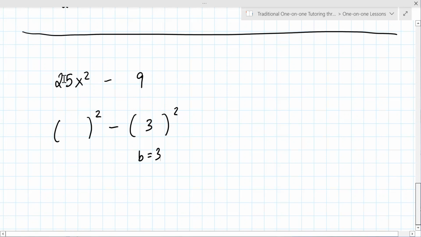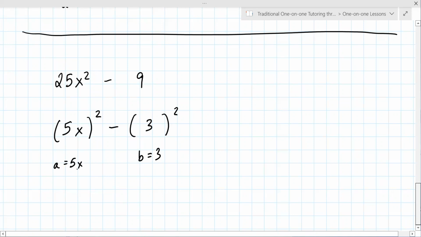Now on the left here, you have 25x squared. So it's now both a number and a letter. What number when you square it gets you to 25? 5. And what do you square to get x squared? X. So now your A is 5x.